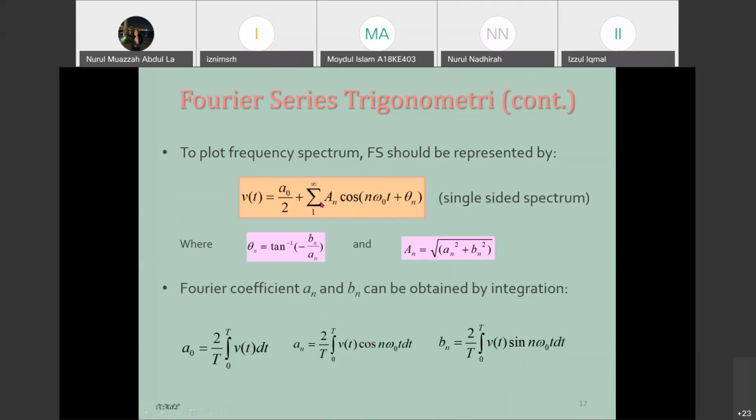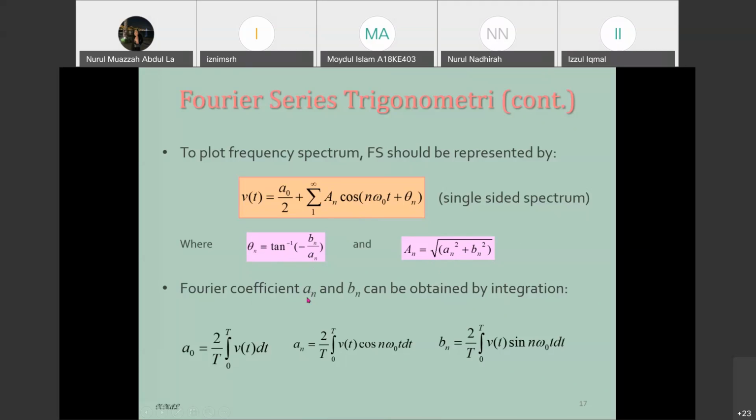So we can further simplify the equation to become this. The capital An here is the square root of an squared plus bn squared, which is the cosine part plus the sine part components. And theta here is arctangent of negative bn divided by an. This is theta n.